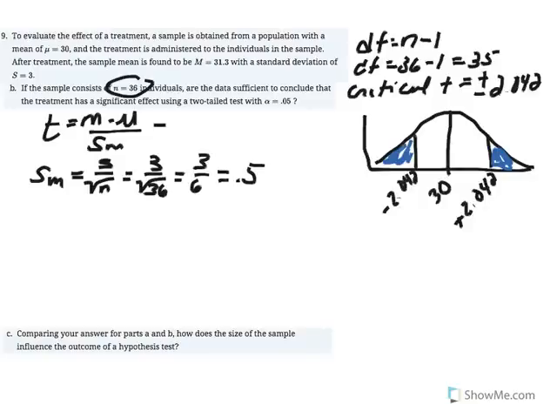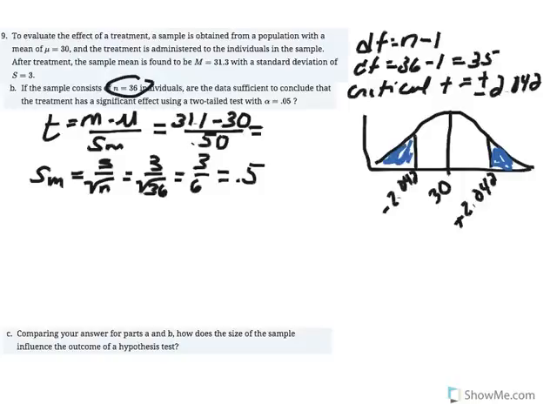So our t equation would then equal 31.1 minus 30 divided by 0.5.